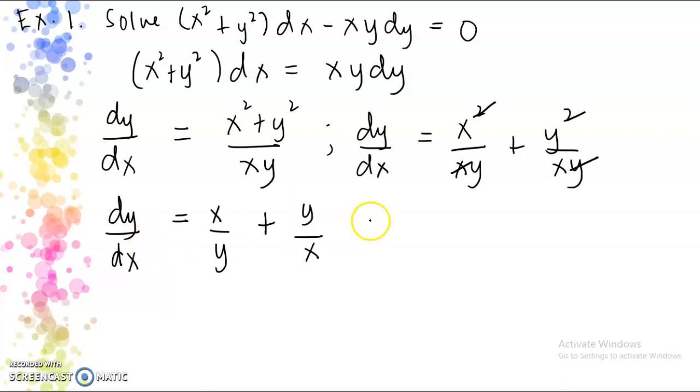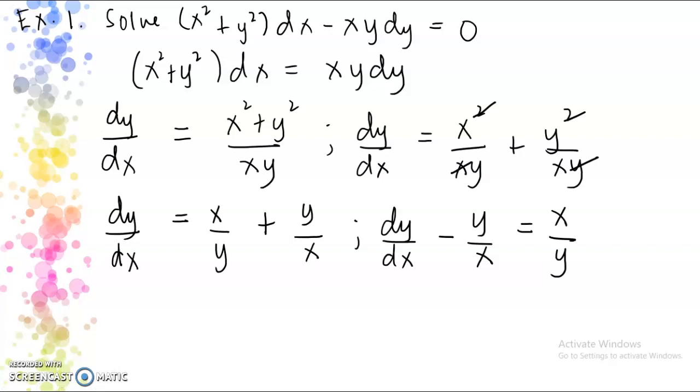Therefore, dy over dx minus y over x equal to x over y.